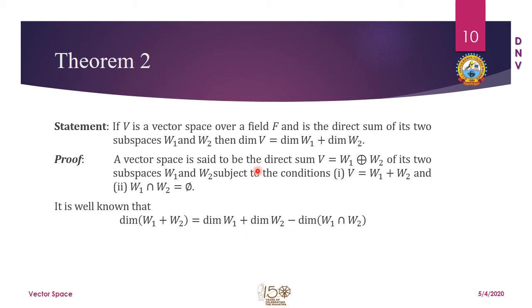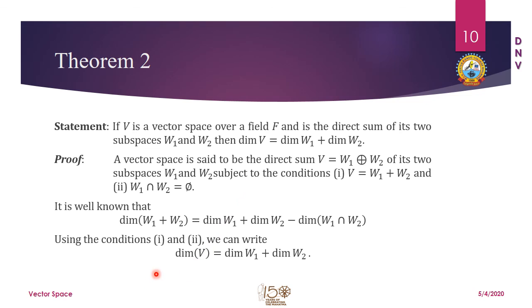So when we use these two conditions, we can always write dimension of V equal to dimension of W1 plus dimension of W2. This result has a very lengthy proof and it cannot be taken up in the online lectures. You can verify it from any standard book of vector spaces. So these are some very important and small theorems which can be taken up for our consideration.